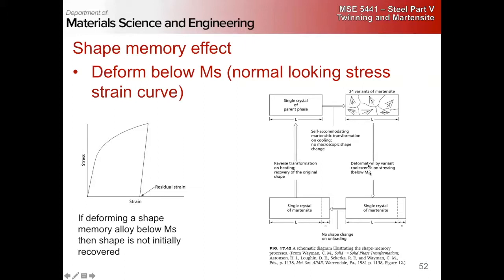When we deform, we accommodate the strain by transforming from one variant to the other, right? So we're accommodating that shear by phase transformation rather than by plasticity, right? Then when we heat it back up, we recover the original shape as we go back to the austenite phase, right? Then when we cool back down, it goes to martensite again and stays in that original shape, right?